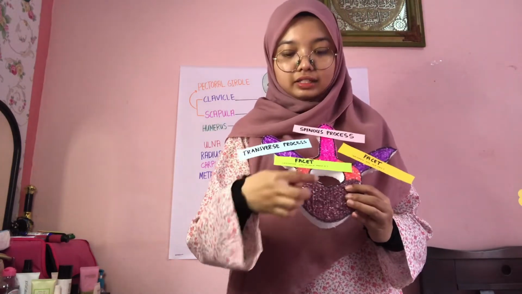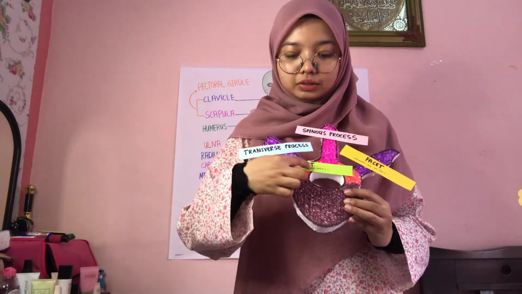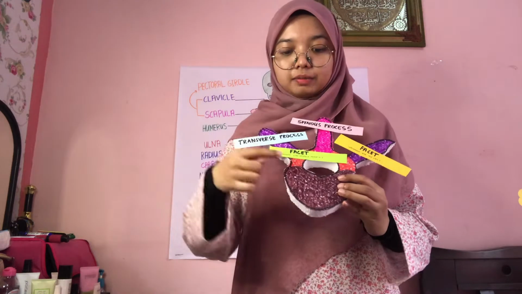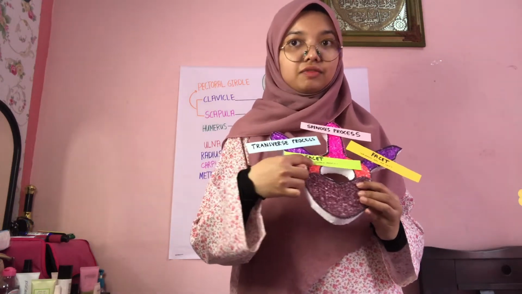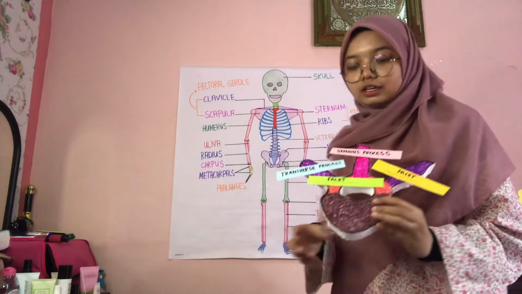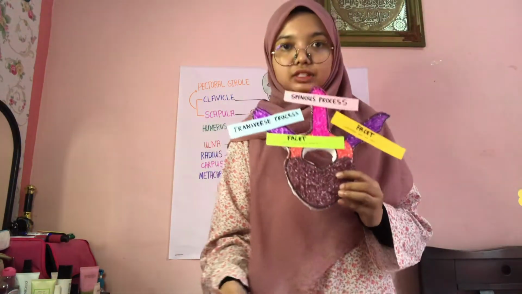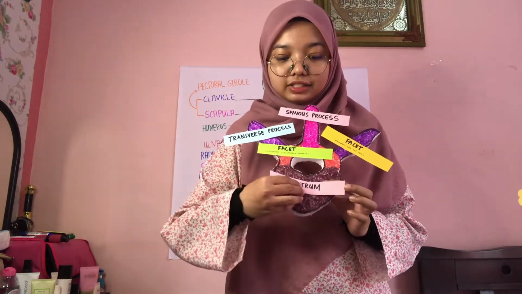Meaning that on the thoracic vertebrae, the facet here will articulate with the vertebrae above it, the cervical vertebrae, and here it will articulate with the ribs.